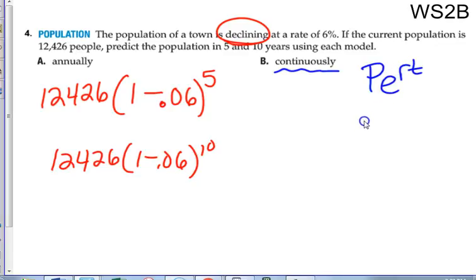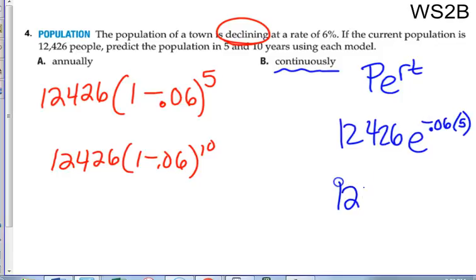Yes, the rate is going to be negative. Okay, so we're going to do 12,426 e to the negative 0.06 times 5 years or 10 years. I'm going to trust that you could type those in. Everybody all right?